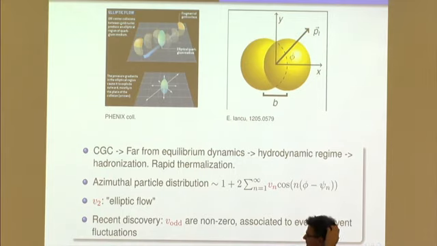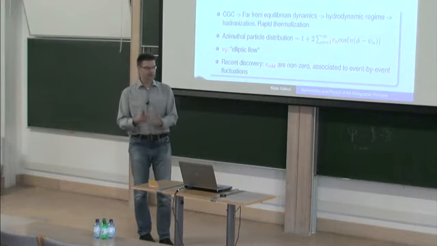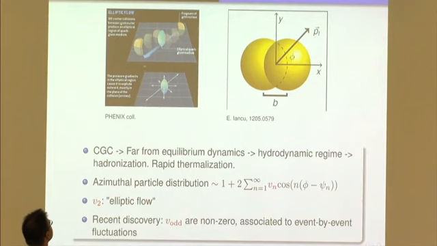So let me describe another thing that's one of the discoveries at LHC recently. It used to be that there's this idealized picture of the collision. You have these pancake-shaped nuclei that are colliding, and typical collisions are non-central, so that there's some overlap between them.